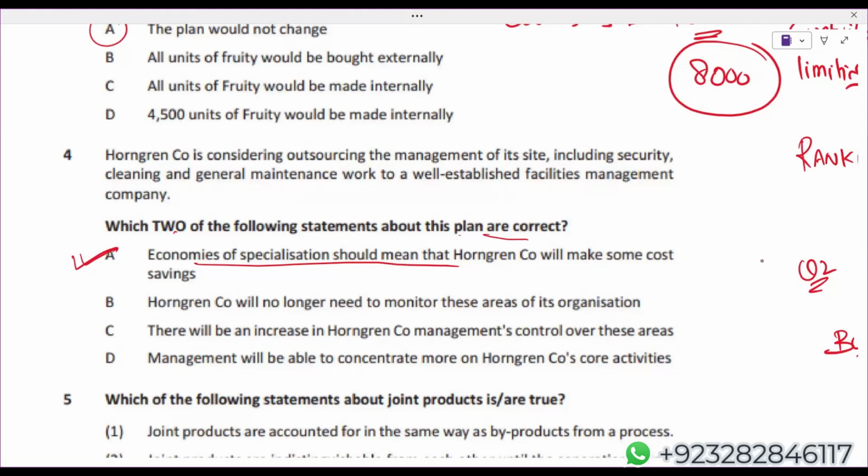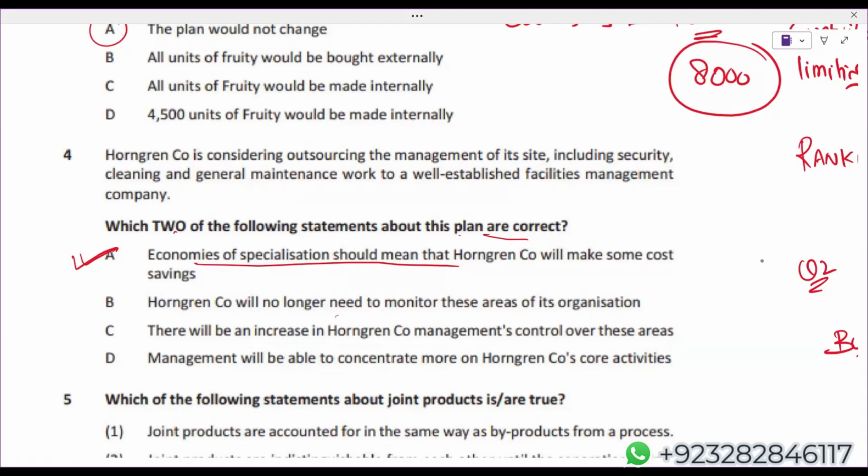Those organizations providing outsourcing services have specialization in that area, and the cost they will be charging you will be far less than if you run the same department by yourself. So A makes sense.